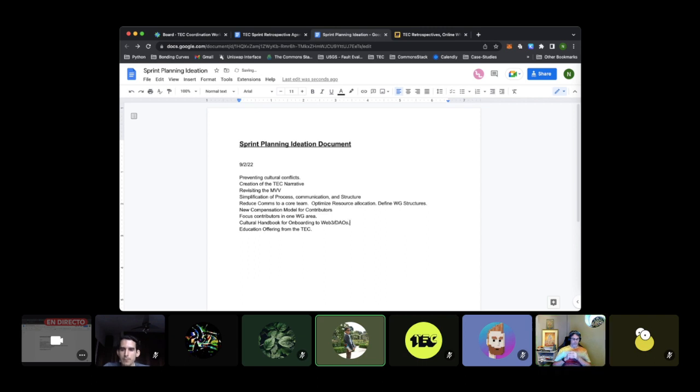I have something real quick on the education. I'm starting to feel a bit skeptical about that for various reasons. I think one point for the sprint would be defining the TEC's partnerships, because I think there are a lot of things unclear.